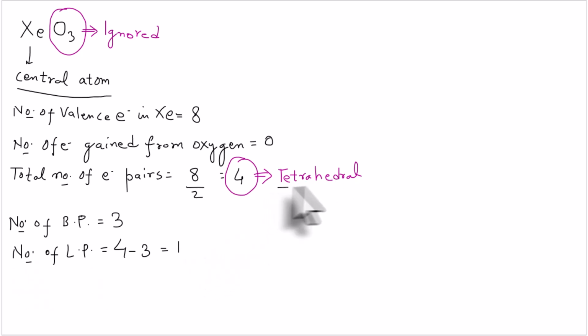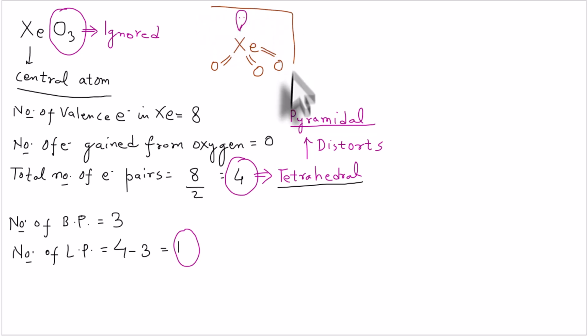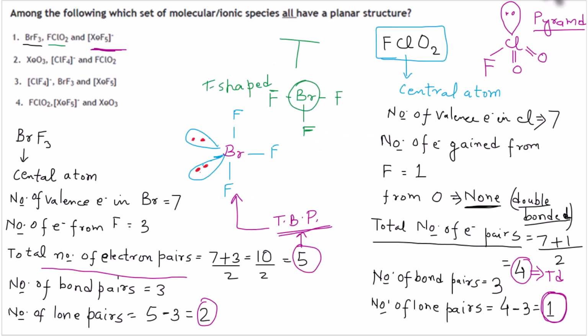And then because of the presence of the single lone pair, tetrahedral distorts to a pyramidal geometry, just like ammonia. So XeO3 has a structure something like this, a pyramidal structure. So this is also not planar.